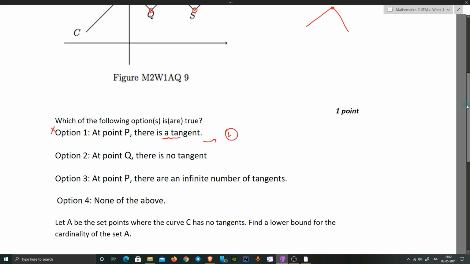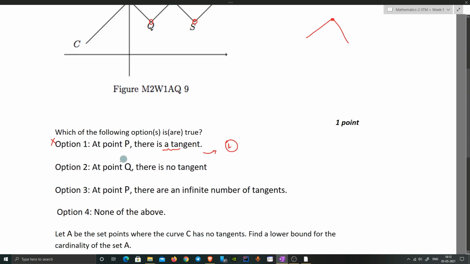What is happening at point Q? At point Q there is no tangent. Yes, so this option is correct. Again, I've told you that if the curve is changing its direction, at the point where it changes its direction we cannot draw any tangent. So this option is true. The option saying at point P there are infinite numbers of tangents is false, because we cannot draw any tangent here.